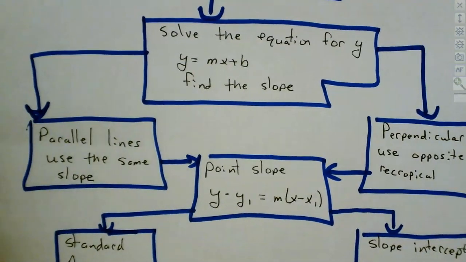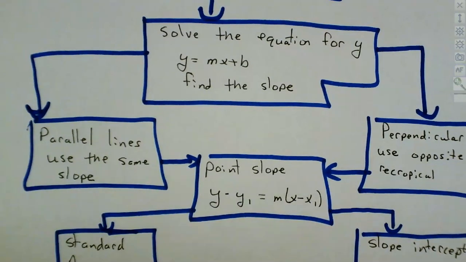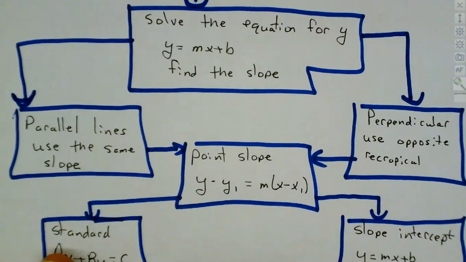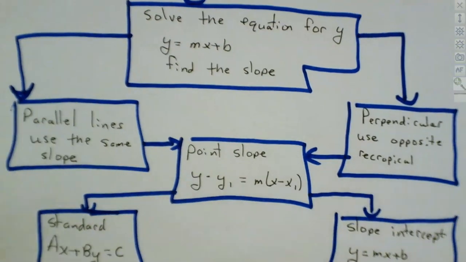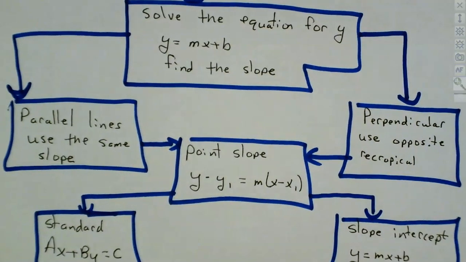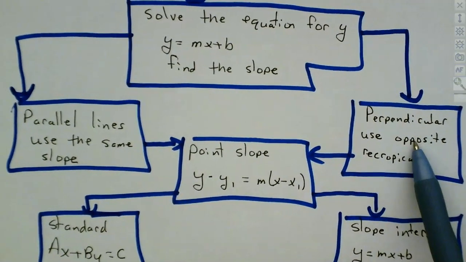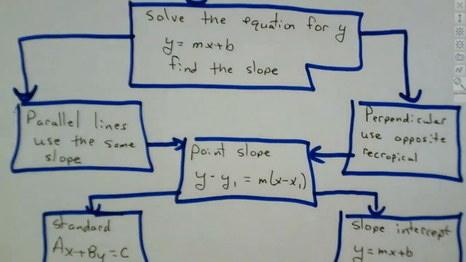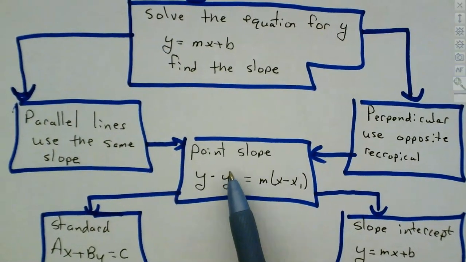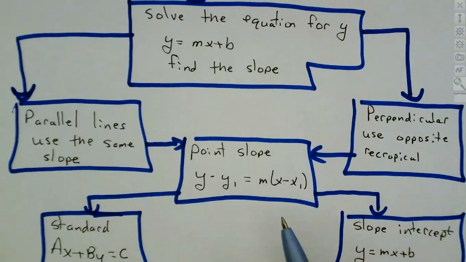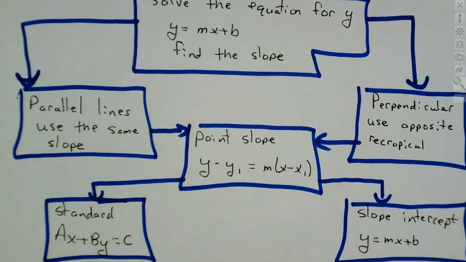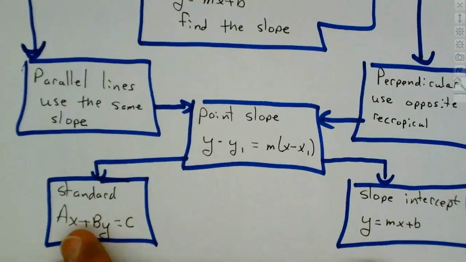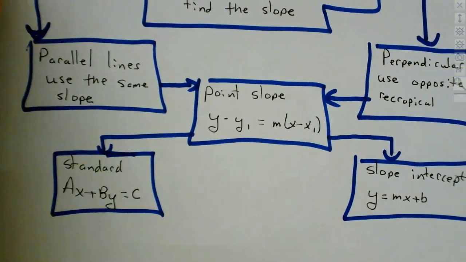That's going to give us our slope. And then the directions will either say parallel or perpendicular. If it's parallel, we use the exact same slope. We keep it the same. If it's perpendicular, we use the opposite or the negative reciprocal slope. Then we go back to the point-slope formula. And then we either write our answer in standard or in slope-intercept form.